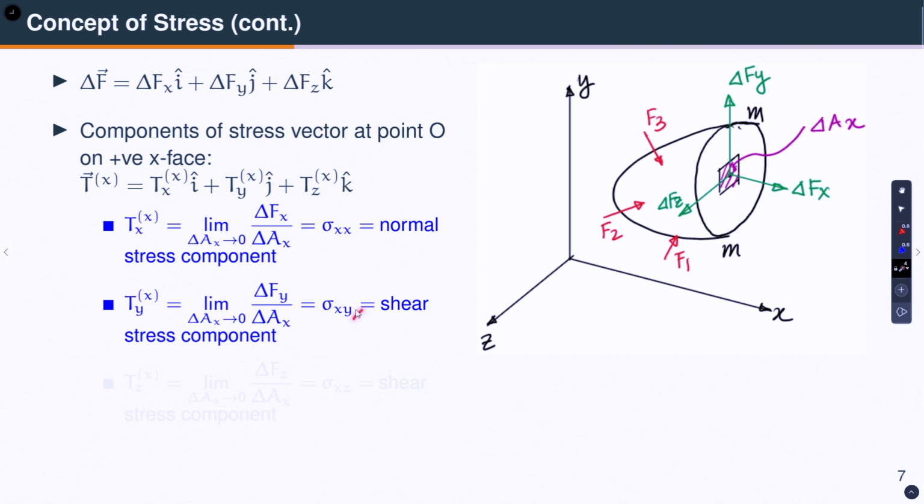So, it is called sigma x y. Similarly, we say T x z is equal to limit delta A x tending to 0 of delta f z divided by delta A x, okay, and this we call sigma x z acting on x plane in the z direction. So, this is in this direction. So, this is also a shear stress component.